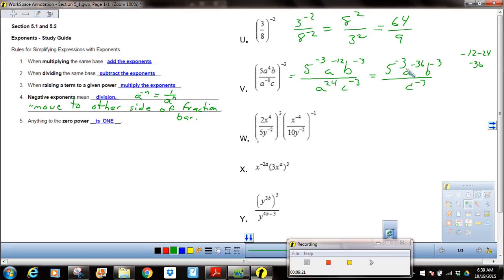Everything with a negative exponent, I'm going to move to the other side. So that puts c to the 3rd on top, 5 to the 3rd on bottom, a to the 36th on bottom, and b to the 3rd on bottom. c to the 3rd power over 5 to the 3rd power is 125, a to the 36th, and b to the 3rd.